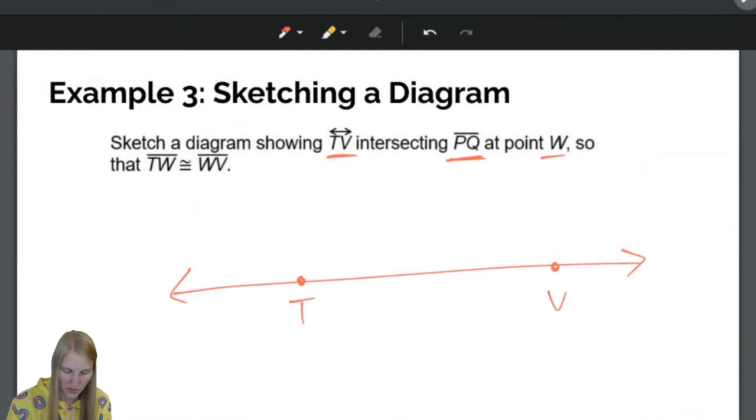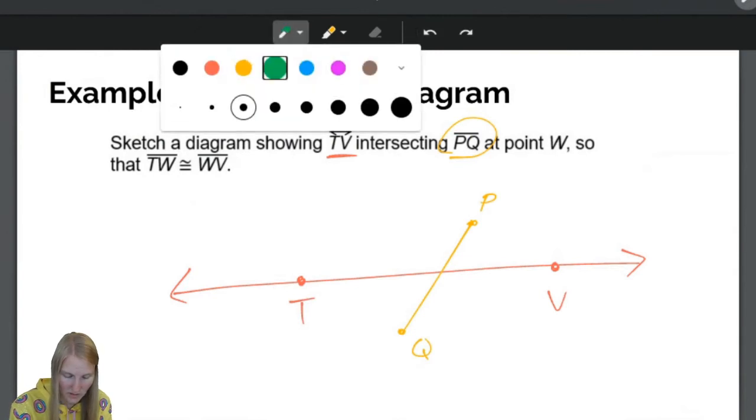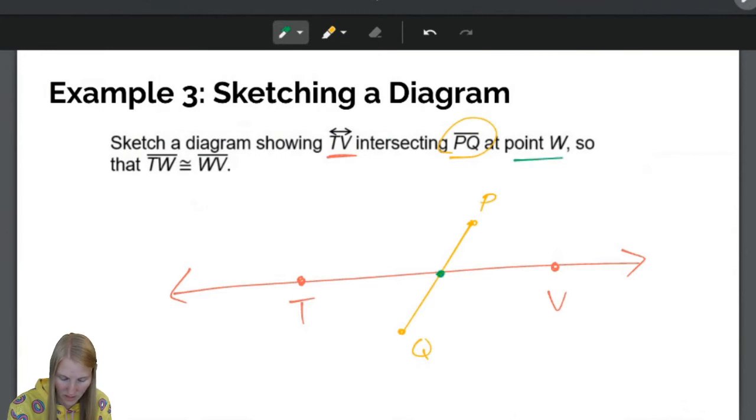That is supposed to intersect with this segment PQ. And that looks perpendicular, but it doesn't have to be. Now it's intersecting PQ, segment PQ, because there are no arrows up here, at point W. So they intersect at point W, so that TW is equal to VW. So we want to draw the picture so that these are the same.